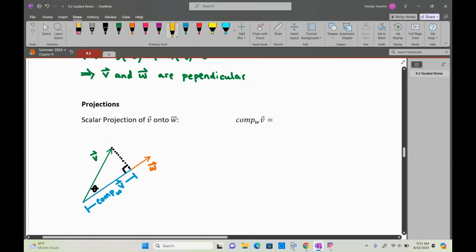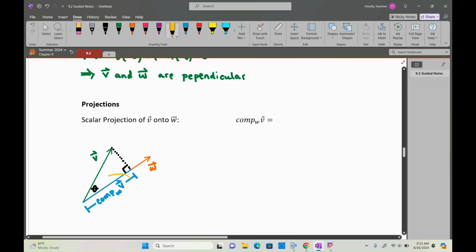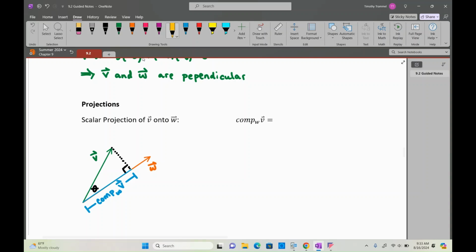And I do want to note that when we make these projections, we want this dotted line I've made to make a 90-degree angle with this vector W here. The shadow that's made is this part right here in the picture. And again, this is the shadow of V onto W.